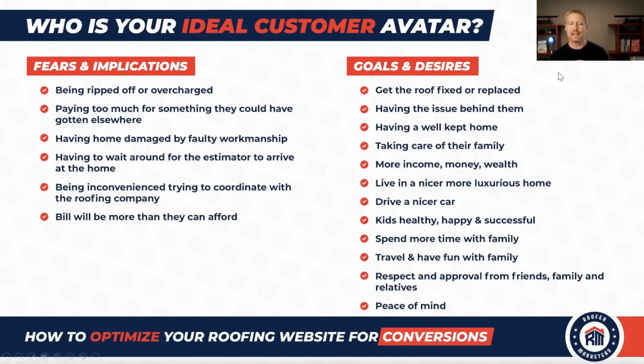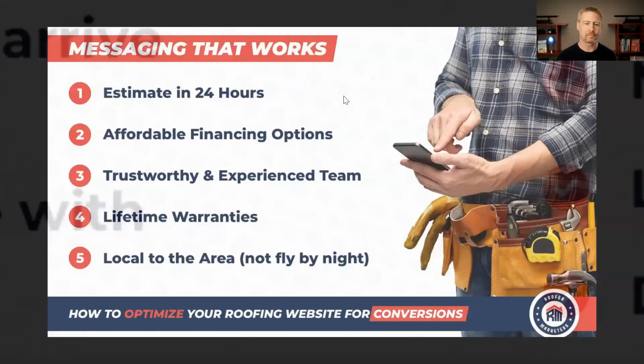So their goals and desires are to get the roof fixed, have the issue behind them, have a well-kept home, take care of their family, keeping their kids healthy, happy, spending time with their family, having peace of mind.